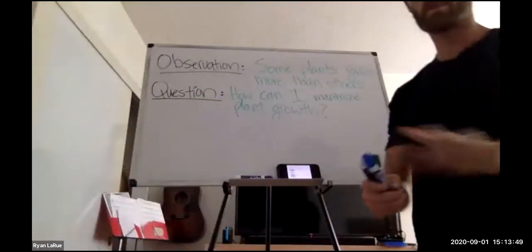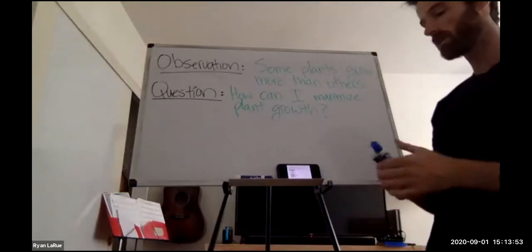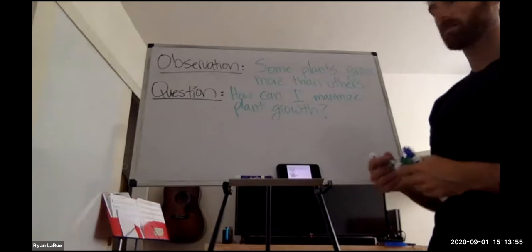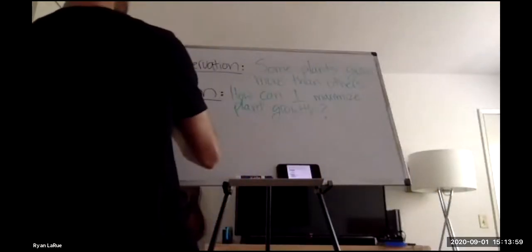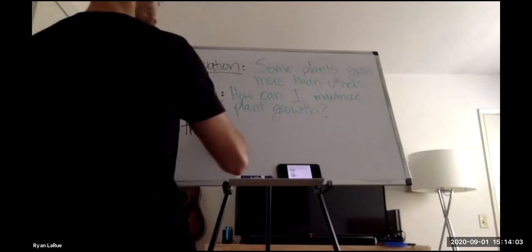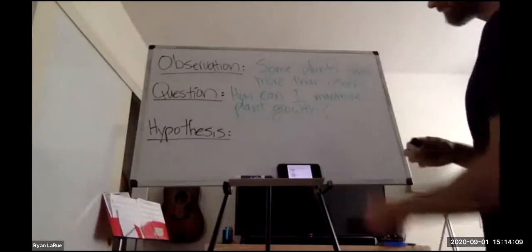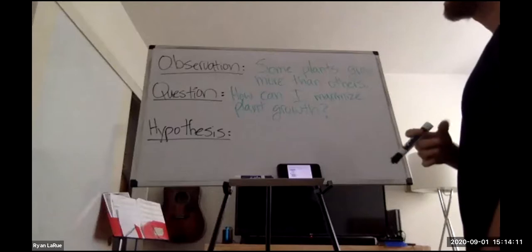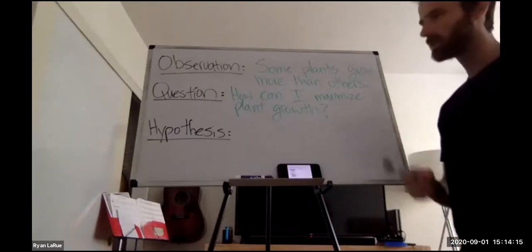Now, as the slide showed, the third step of the scientific method is the hypothesis step. And a couple things about the hypothesis.